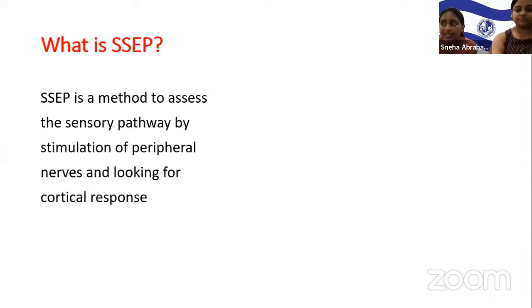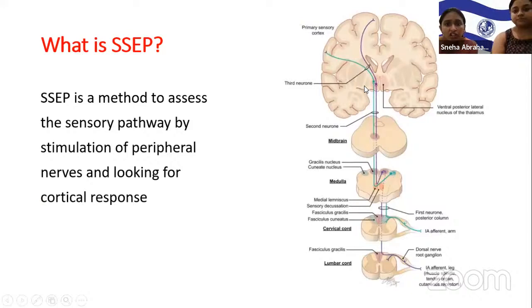What is somatosensory evoked potential? Somatosensory evoked potential is a method to assess a sensory pathway by stimulation of a peripheral nerve and looking for a cortical response. An SSEP is produced by stimulation of the peripheral nerve, and the first order neurons from the peripheral nerve enter the dorsal nerve root and ascend the spinal cord via the dorsal column pathway.